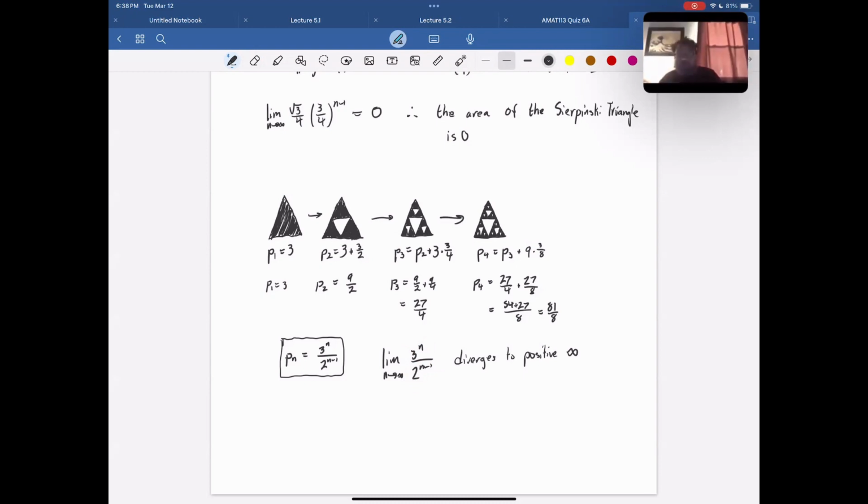Now, that's pretty remarkable. We've constructed this shape that has no area, but it has an infinitely long perimeter, which, when speaking of general geometric shapes, tends to defy what we expect from geometry, right?